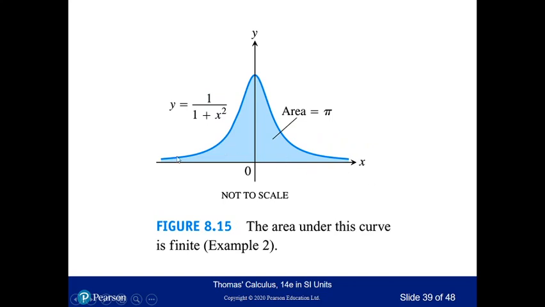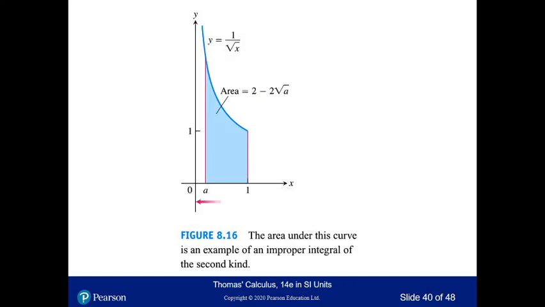And here we have infinitely many x values, and it looks like an infinite area, but it is not. Look, the area becomes pi. So this integral can be written from negative infinity to positive infinity of 1 over 1 plus x squared dx. But we apply the definition, and we are going to see it's pi. It's not an infinite integral.